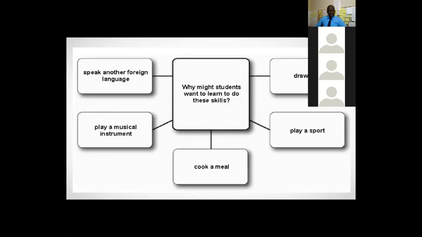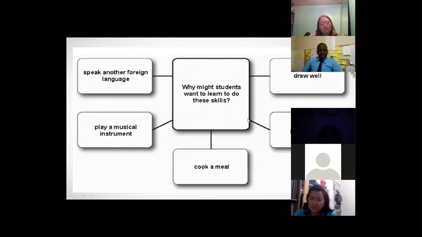The other one, drawing well and cooking a meal is for the student who wants to be more creative or is a passive person. Playing a musical instrument is for students who enjoy listening to music and creating music also. Thanks. This is my first time.